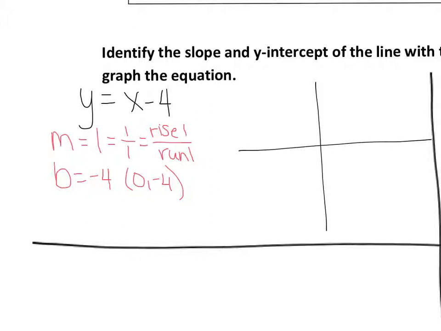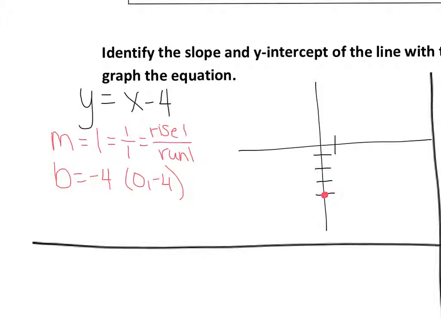So moving on to step 2, I need to plot my y-intercept. Okay, well my y-intercept is at negative 4. So I have 1 point. To find my second point, I'm going to use my slope to plot that second point. The very important thing to remember here is that from my y-intercept, I'm going to use my slope.